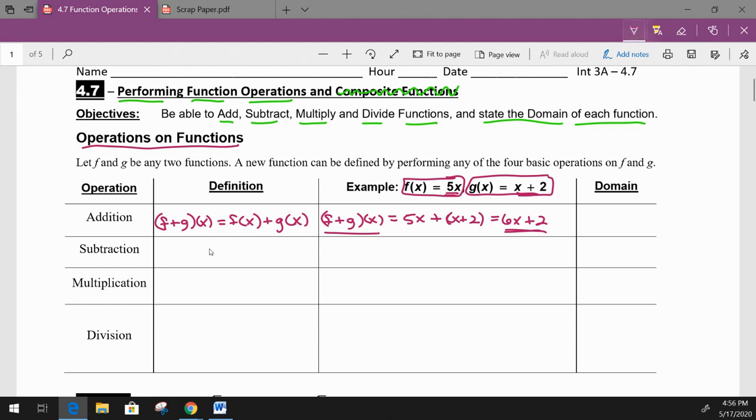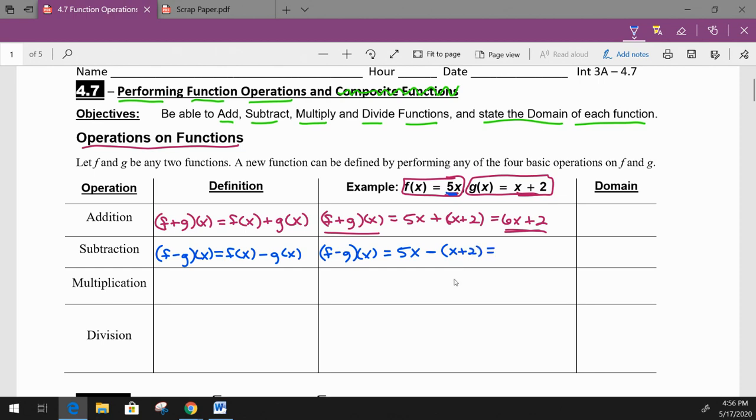If you are subtracting, instead of a plus sign, you're going to have a minus sign between the f and g. So when you see this notation, f minus g of x, it means to take the f of x function minus the g of x function. So using these two functions that we were given, if f of x is 5x, we would put that first and then minus the g of x function, which is x plus 2.